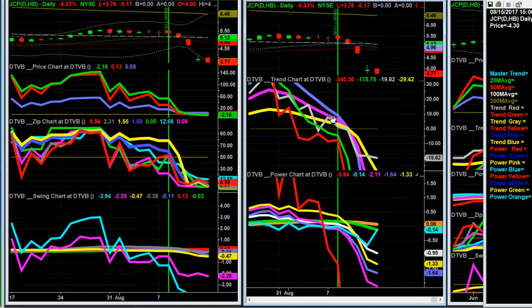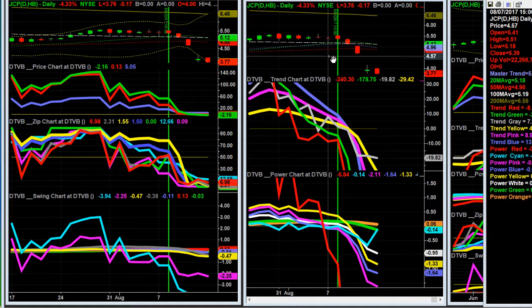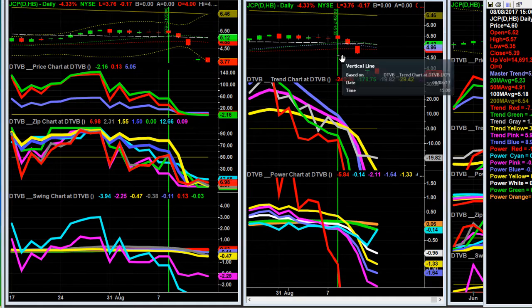Trend gray has gone under the Power 3, and now we have all 3 lines underneath the trend trio, yellow, pink, blue. And we have zero price movement. It closed yesterday at 539, and today it closed at 539.